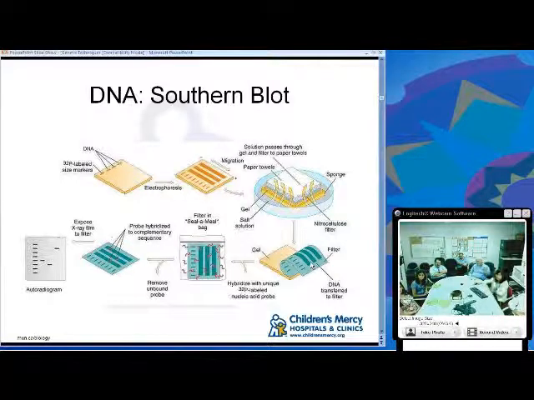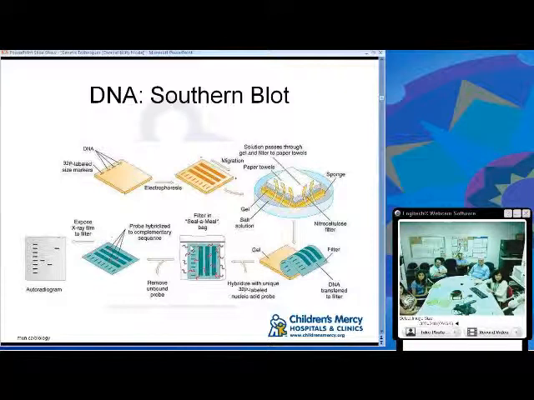and is now on this piece of filter paper. And so now we can actually examine the different DNA that we are interested in by hybridizing unique probes that used to be P32 labeled. Now we're using more fluorescent labeled probes added to the filter, which contains your DNA sample.